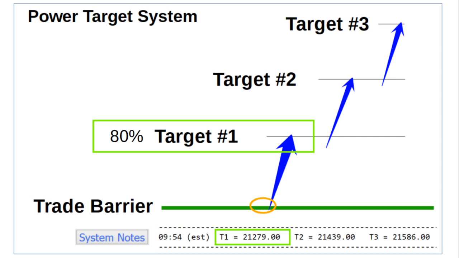The alert in the system notes now sends a confirmation that the 1 minute close has been achieved. And that's the way I designed the system and calibrated it, so that the 1 minute close past the barrier would be the ideal time to jump in.